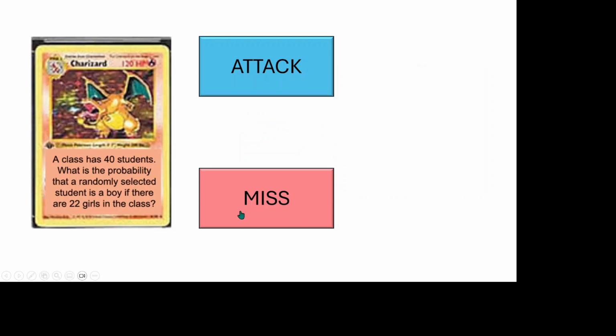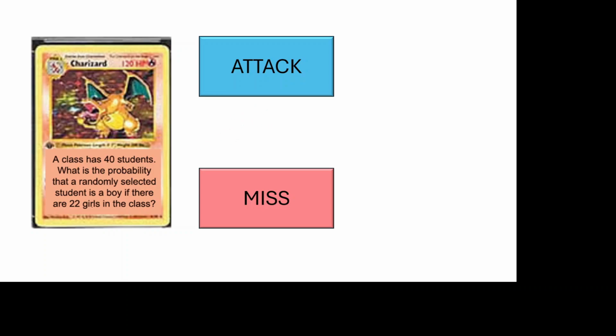Next, the class has 40 students. What is the probability that a randomly selected student is a boy if there are 22 girls in the class? So this is kind of tricky because what was given are girls. And we are being asked for the probability of getting a boy. So we have to be keen on observing that.